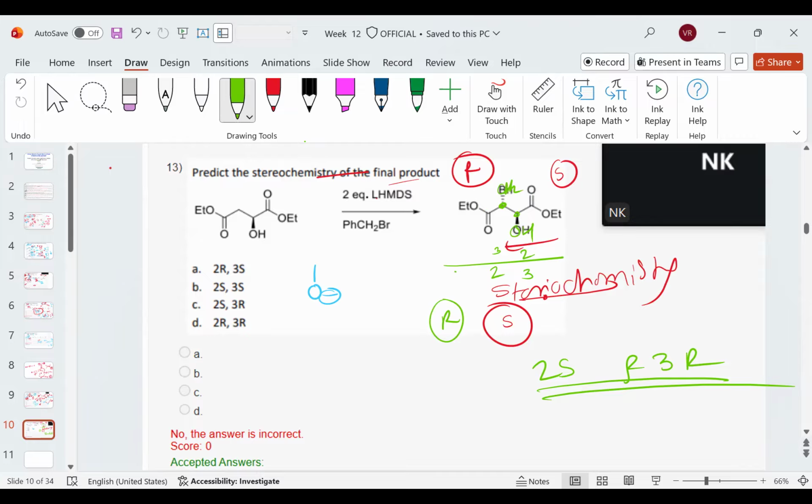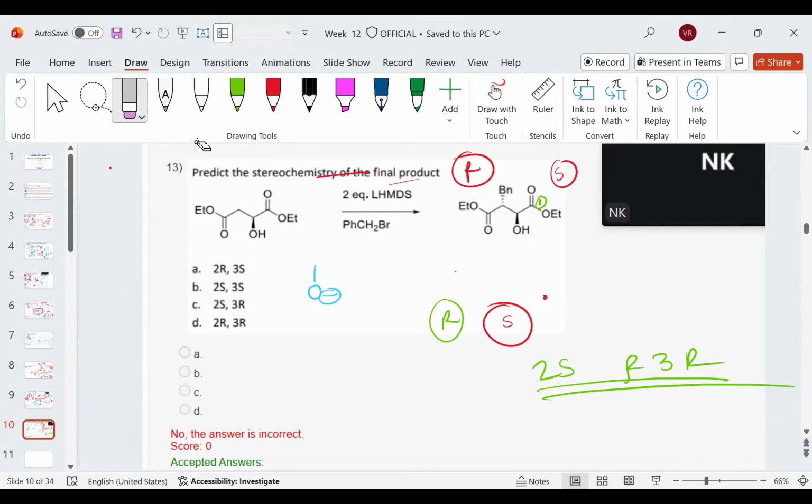So we give the priority in this fashion: first, second, third, and fourth. Therefore this carbon, which has the hydroxyl group attached, is the second carbon and this is the third carbon. Therefore I'm saying 2S and 3R.